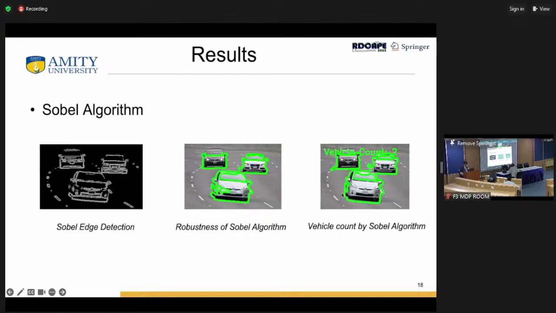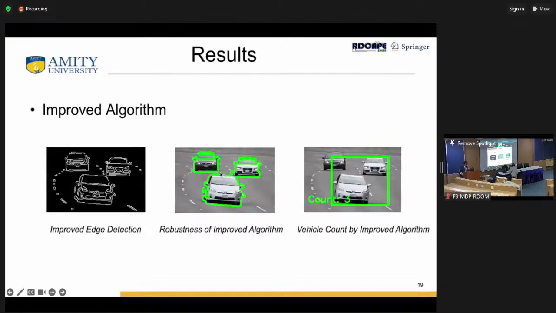But if we talk about Sobel, there is discontinuity. It is not giving us proper results, and the vehicle count is also not right. The improved one is giving good connectivity of edges also, and the count is also right.